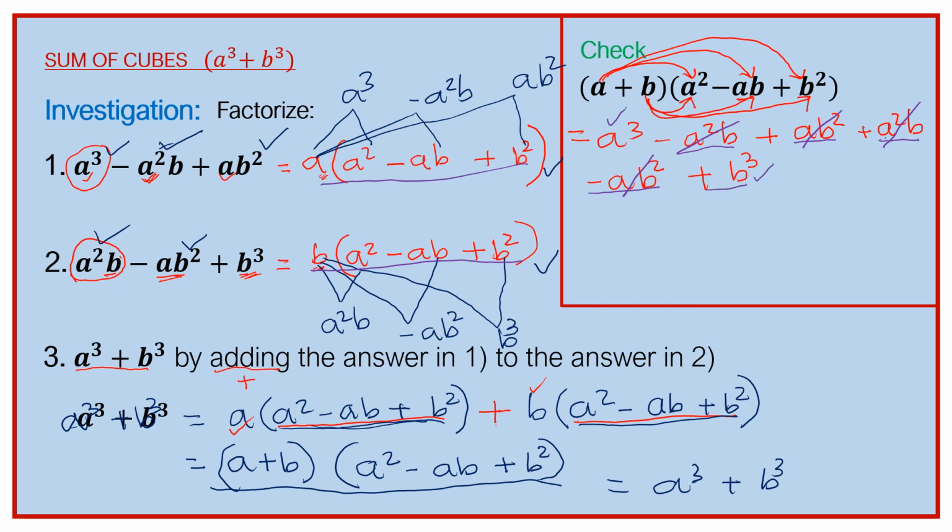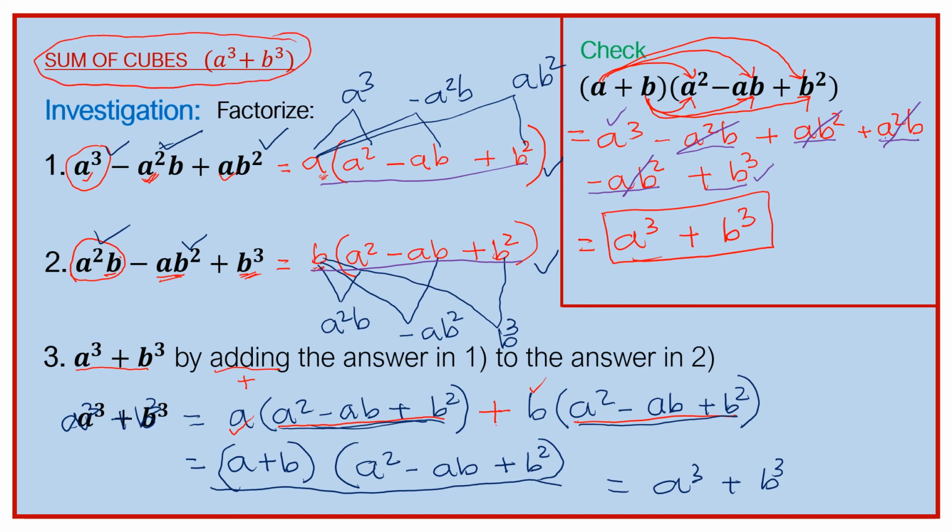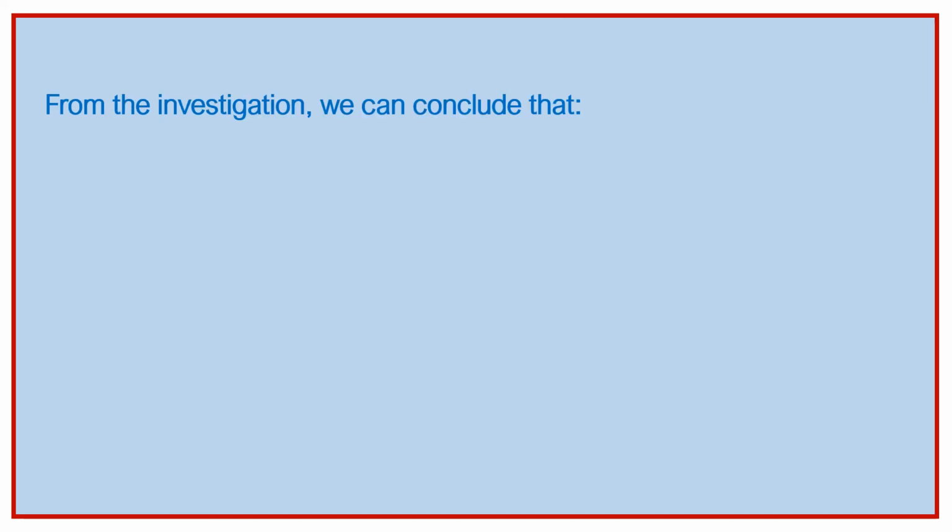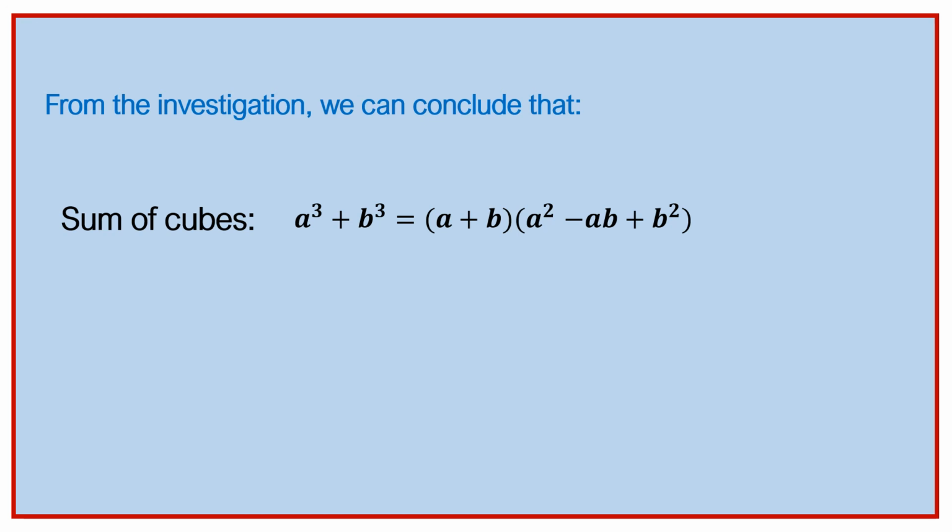So it means that we have got a cubed plus b cubed. And this is what we call the sum of cubes. So we can conclude that the sum of cubes, if I have a cubed plus b cubed, I'll get a plus b into a squared minus ab plus b squared.